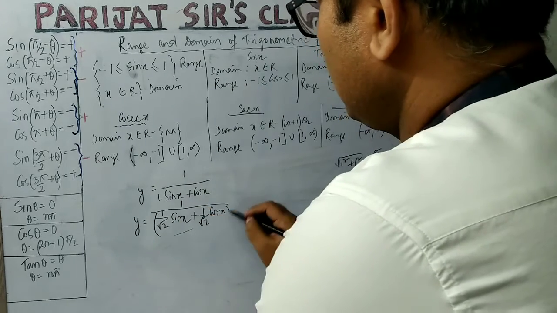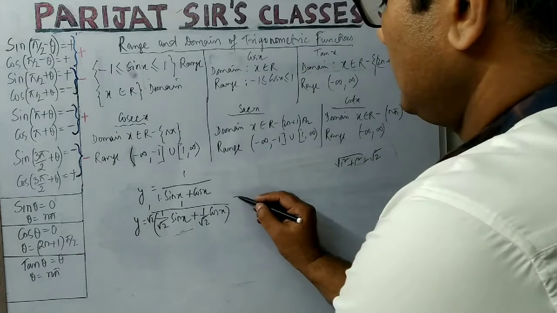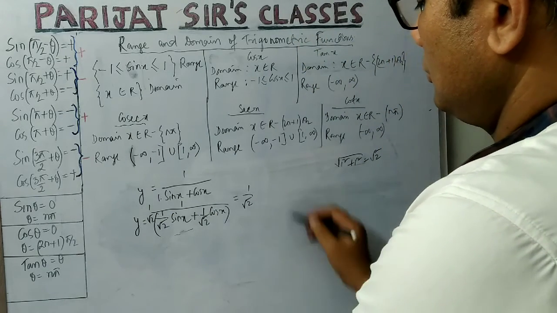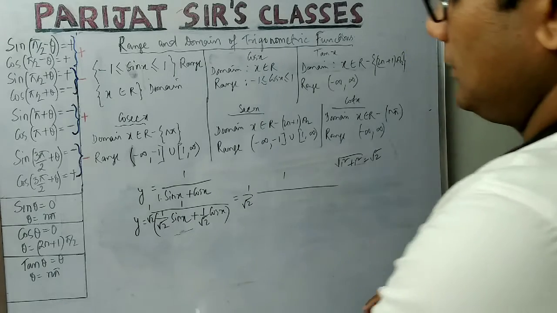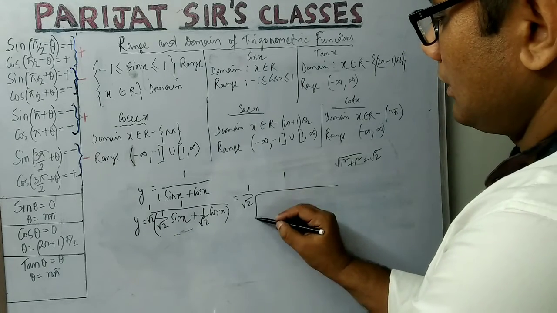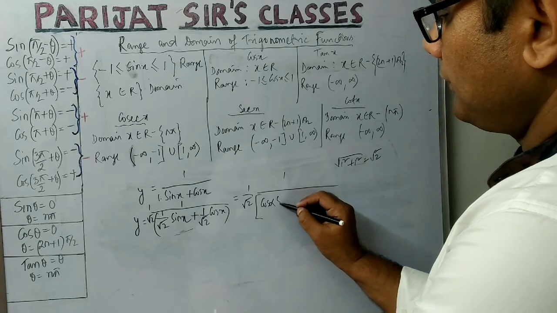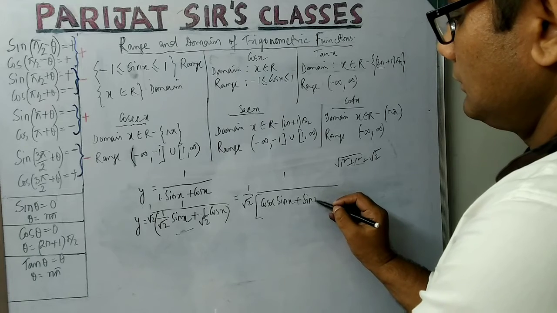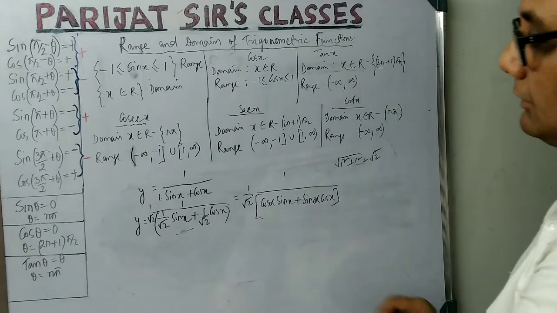So here we are multiplying this with root 2, that means 1 by root 2. So now this will become cos alpha sin x plus sin alpha cos x.